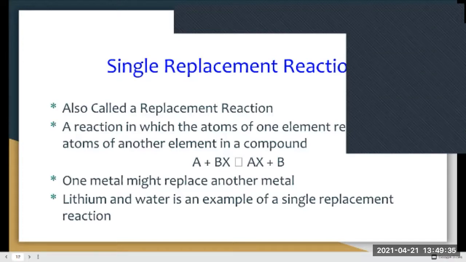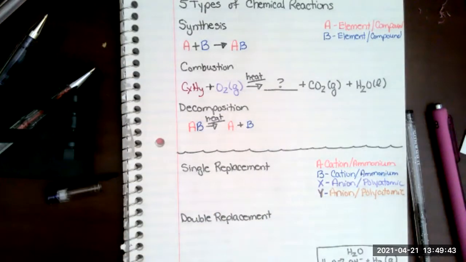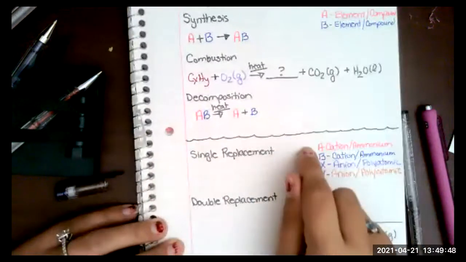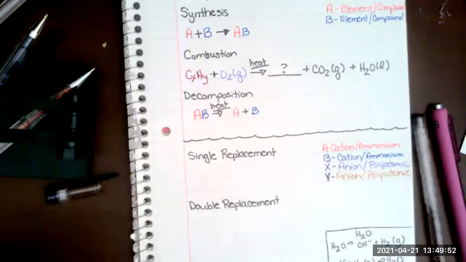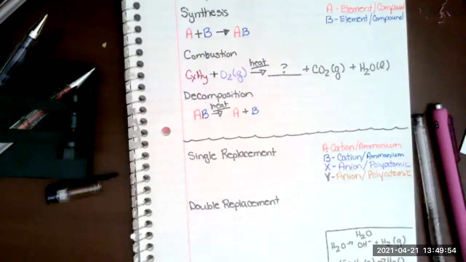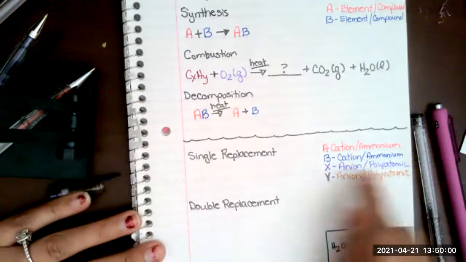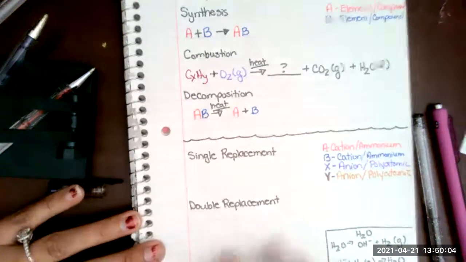So if we're going to look at it on our chart that we're making, now remember down here, I did this line, and now our A's are cations or ammoniums, our B are cations or ammoniums. And remember, when we talk about metals, metals are cations. Every cation is a metal. You have X as your anion or your polyatomic, and Y as your anion or your polyatomic. So remember, this chart goes for these down here.